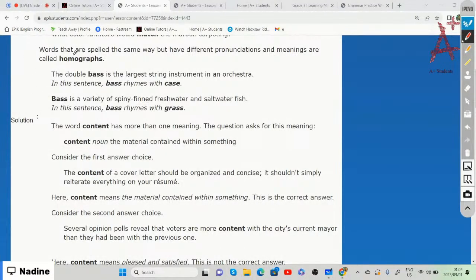So words that are spelled the same way but have different pronunciation and meanings are called homographs. An example of homographs is: the double bass is the largest string instrument in an orchestra.